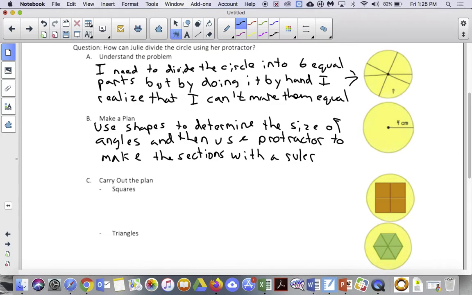And then I'm going to use a protractor once I have the angles, and a ruler to make the sections.